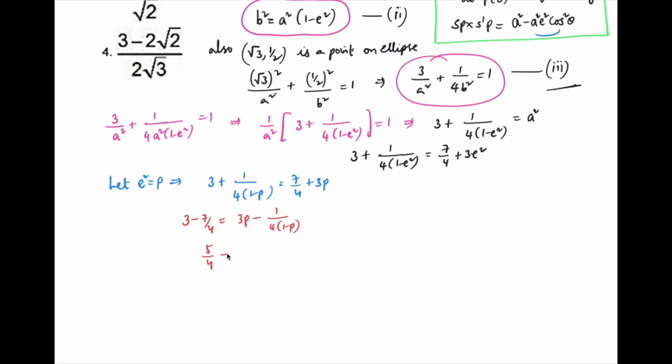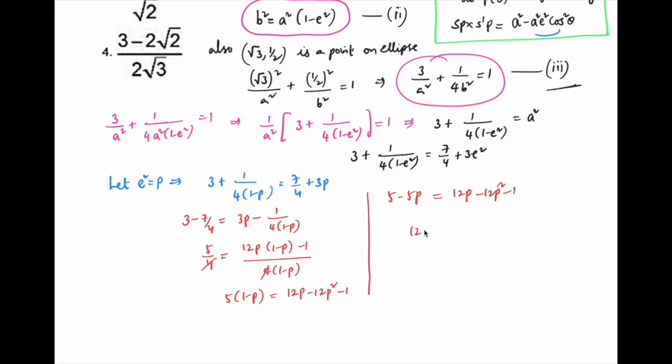So here 5 by 4 is equal to 12P times (1 minus P) minus 1 divided by 4 times (1 minus P). So cross multiplication, 4 gets cancelled here. So 5 times (1 minus P) is equal to 12P minus 12P square minus 1. 5 minus 5P is equal to 12P minus 12P square minus 1, or we can write 12P square minus 17P plus 6 is equal to 0.